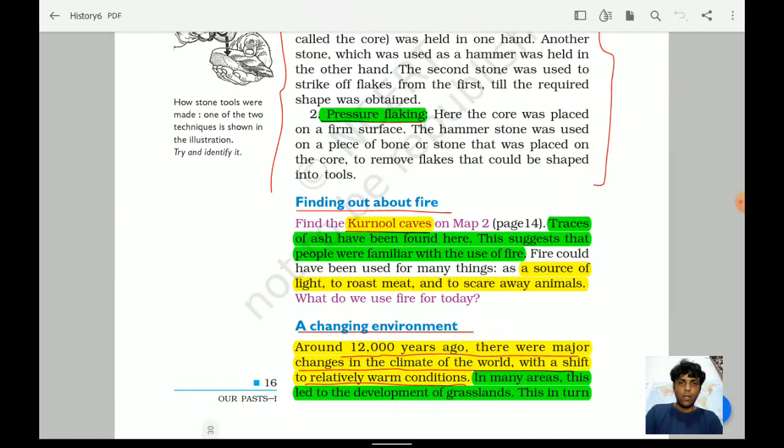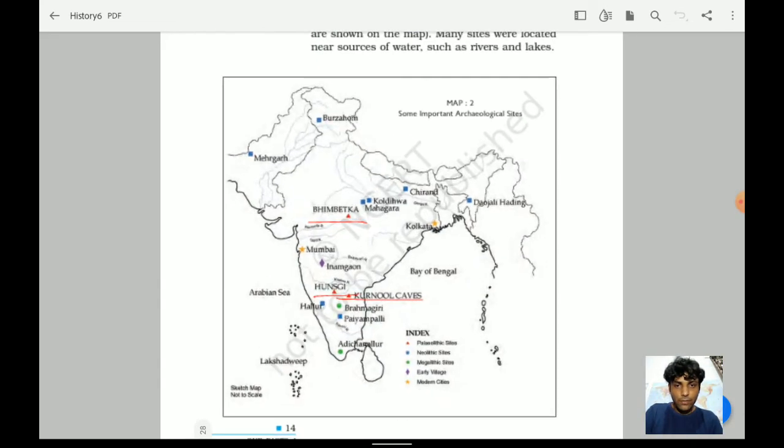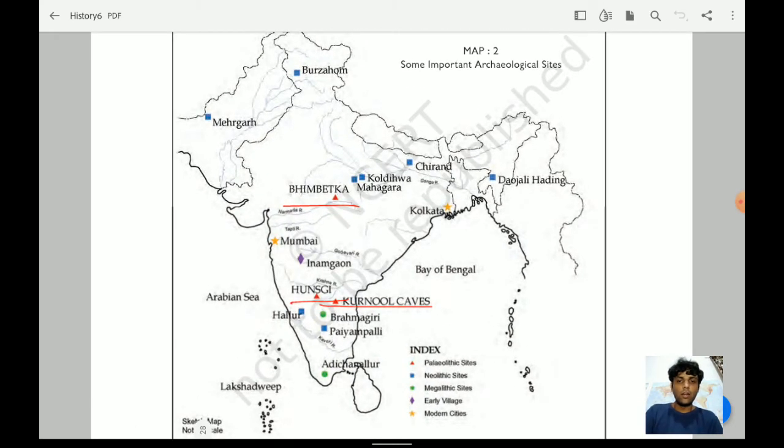Okay, so here it is referring to the finding of fire. Kurnool caves, it is referring to the Kurnool caves. So we will understand where it is. Earlier with the images we have already seen the hunter gatherer sites.